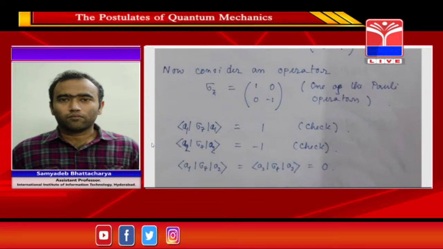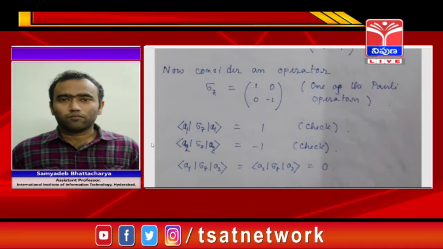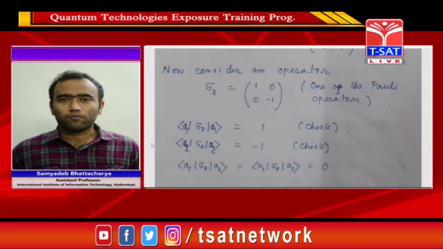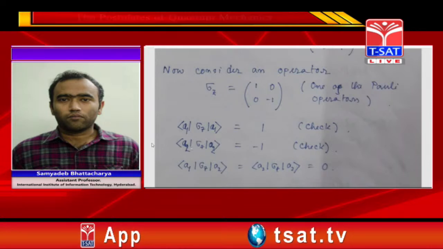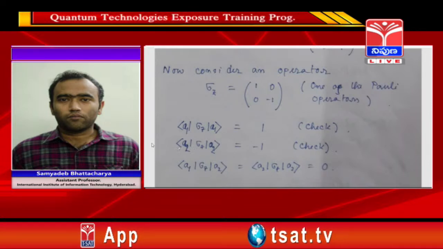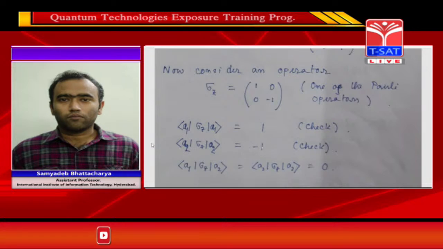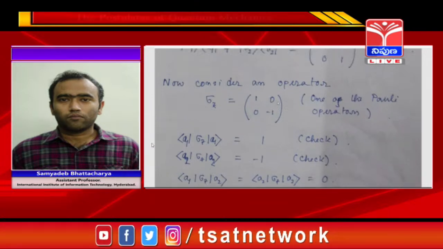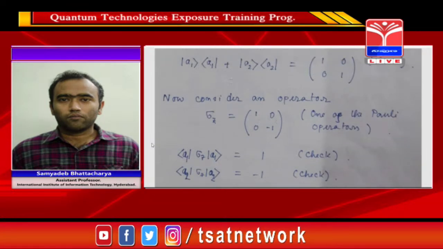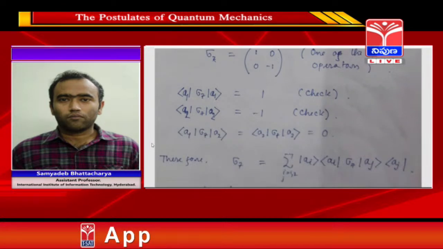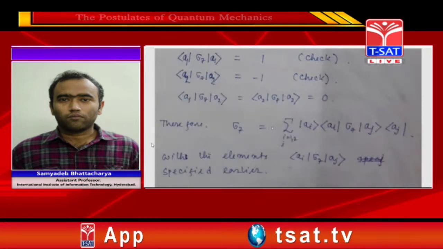But anyway, what are the elements? A diagonal element is 1. If you multiply A1 sigma z A1, you see that it is 1. And if you calculate A2 sigma z A2, this is minus 1. They are the diagonal elements, written in the basis of A1 and A2. Other elements are 0.